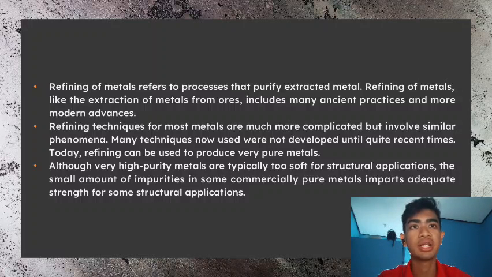Today, refining can be used to produce very pure metals: copper, gold, silver, aluminum, iron, and many other metals can be purchased at purity levels of 99.99%, which is equivalent to 1 part impurity in a million.